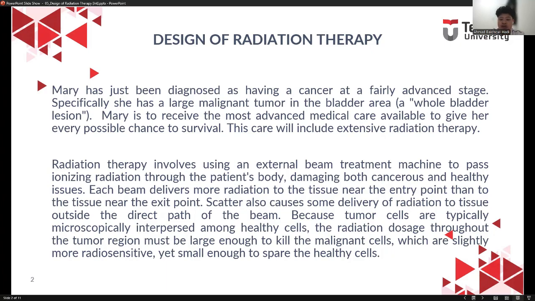Scatter also causes some delivery of radiation to tissue outside the direct path of the beam, because tumor cells are typically microscopically interspersed among healthy cells. The radiation dosage throughout the tumor region must be large enough to kill the malignant cells, which are slightly more radiosensitive, yet small enough to spare the healthy cells.